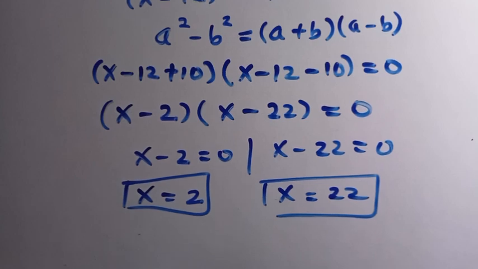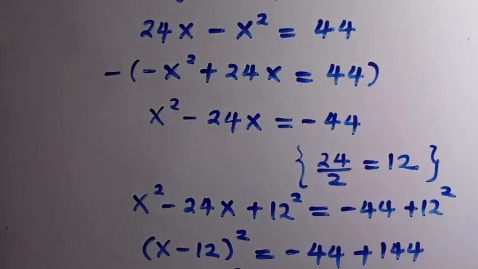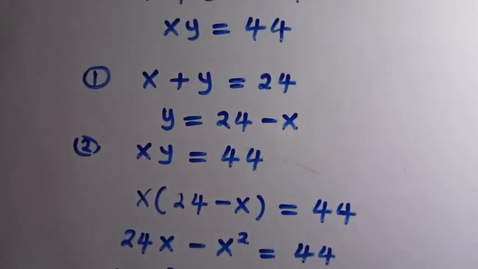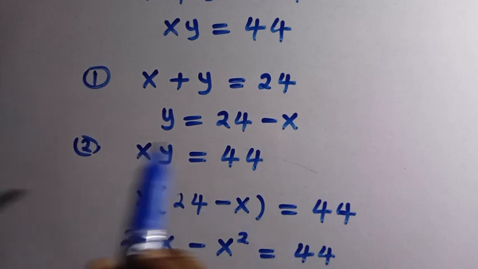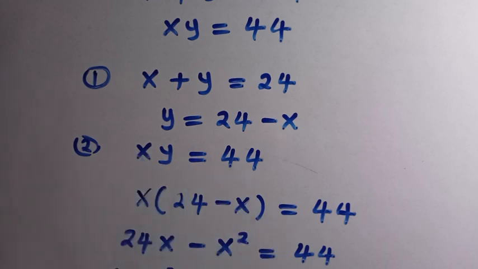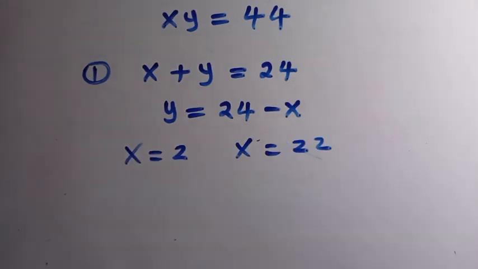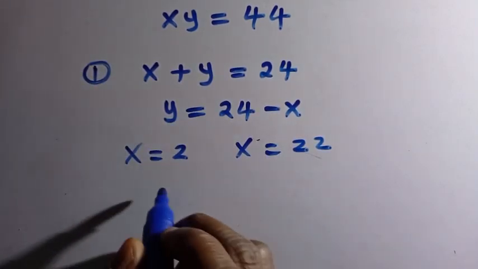And when we recall from where we let y equals 24 minus x, we have to find the value of y also by substituting the value of x here. So let's do that quickly. Since these are the values of x, let's consider y.